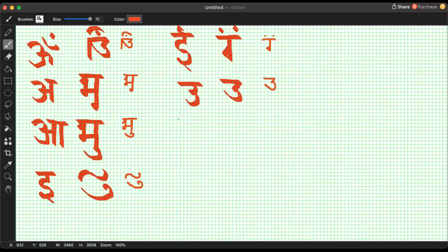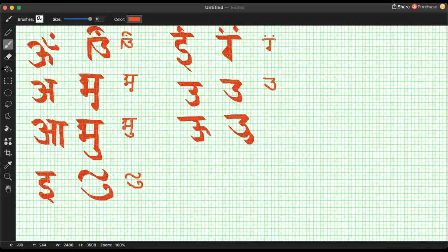Next, we have oo. This is Devanagari oo. In Sharda, first we'll write oo. Let me rewrite it. And then at the bottom here, you see, I'm just making this gentle curve.